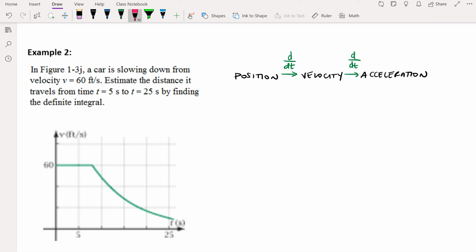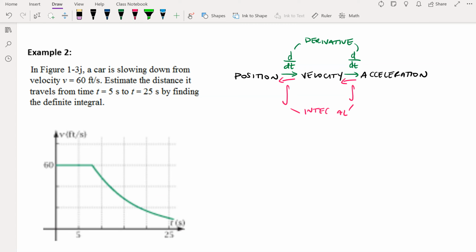To travel to the left, you take the integral. The integral is the opposite of the derivative. So I want you to write that down and remember the green means derivative, and the pink means integral. So maybe put that in your notes. This means take the integral.